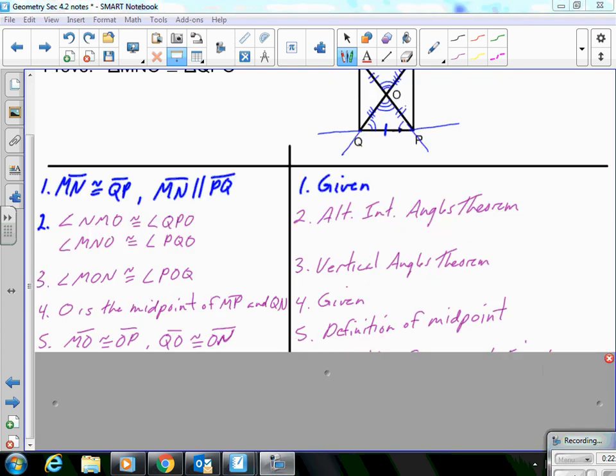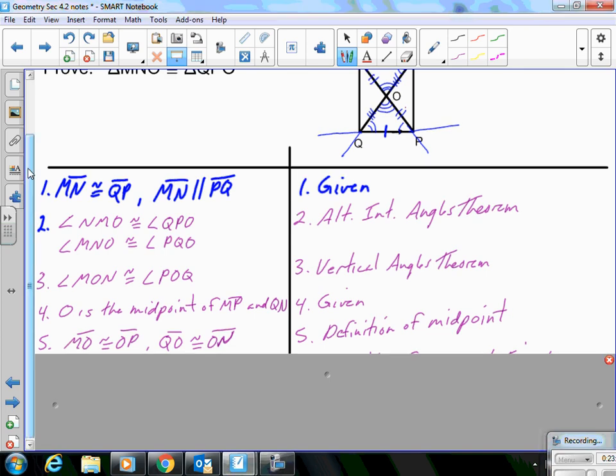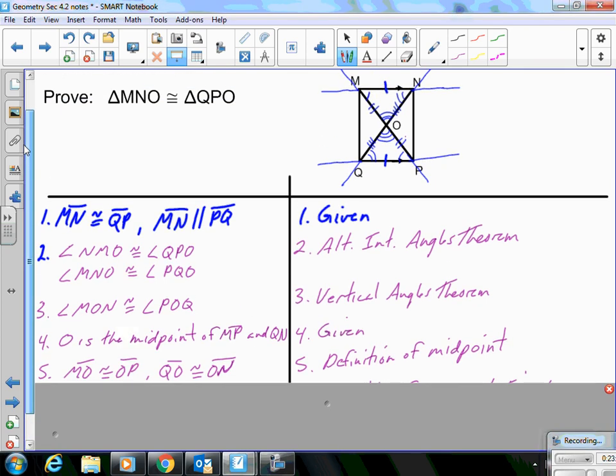All right, so at this point, we've got all three corresponding sides marked congruent. And we've got all three corresponding angles marked congruent.